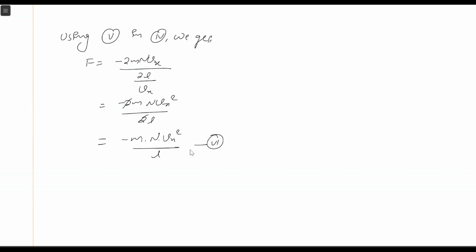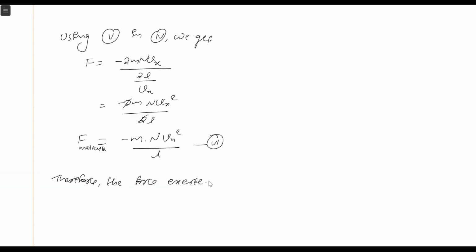Now let's move forward. Okay, so this is the value of force for the molecule. Now with the same force, it will hit the wall A, right?